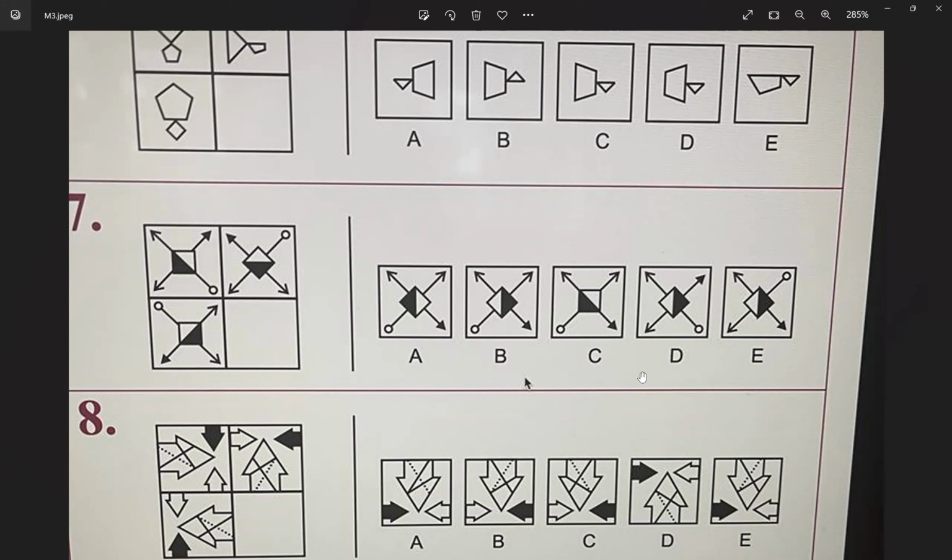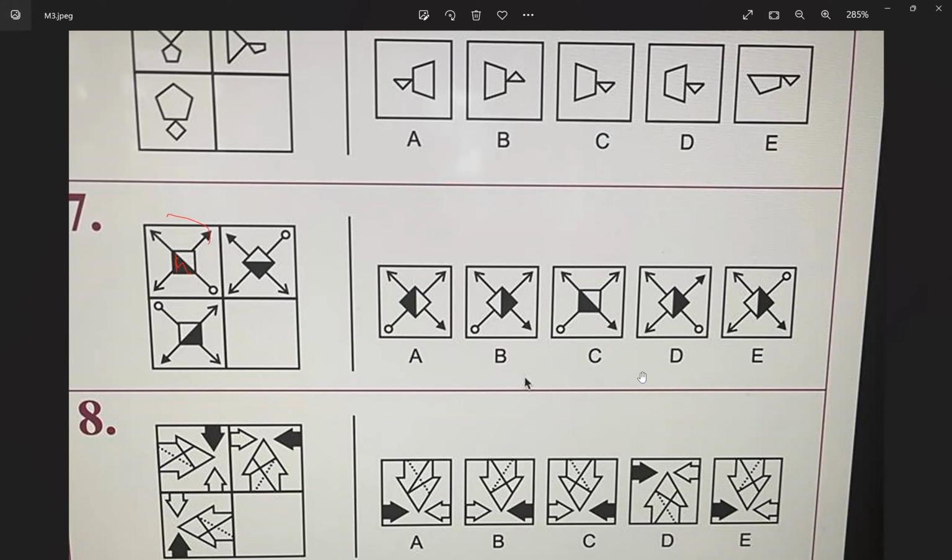Question number 7 is, we have a shaded square slash diamond that looks a bit like this, and that gets rotated. Actually the whole thing gets rotated, but after it gets rotated this way, the square will look a bit like this.